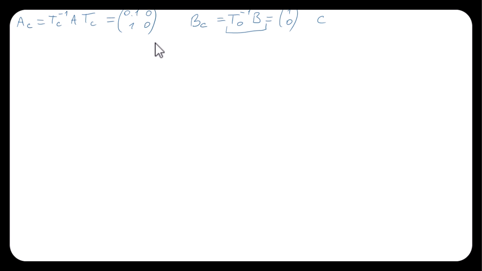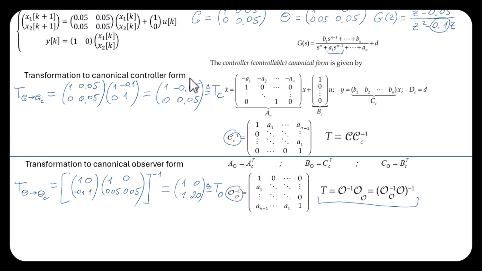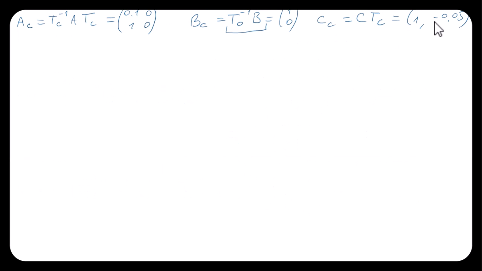And similarly for C of C, controller, this is C times TC, and equal to 1 and negative 0.05, which are coefficients of the transfer function here. So it's 1 times z minus 0.05, so these are coefficients b1 and b2, so just copying them here. And you can actually test that this multiplication will give you exactly that answer.